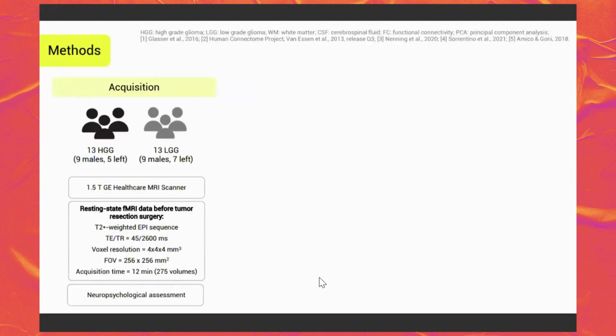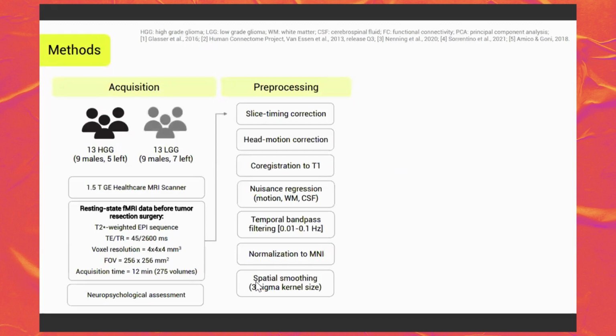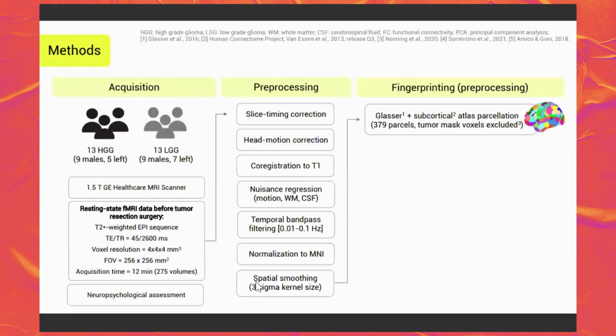Resting state functional connectivity data were acquired before tumor resection surgery from 13 high-grade and 13 low-grade patients, together with neuropsychological assessment. After preprocessing, data were parcellated into 379 brain regions, both subcortical and cortical, where tumor mask voxels were excluded from the BOLD signal average.